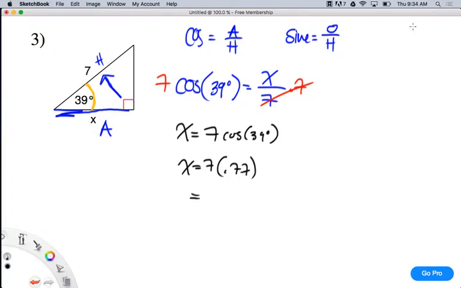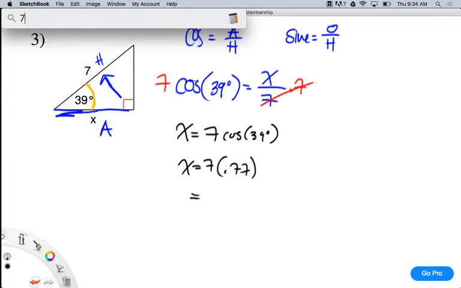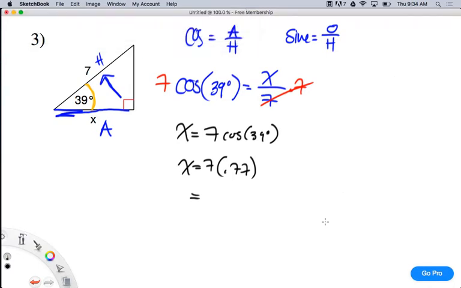And I get 5.4. There you go. I check the answer for reasonableness, and yeah, sure. If this is 7, the hypotenuse is the longest side, so 5.4, that makes sense. Okay? Any questions on that?